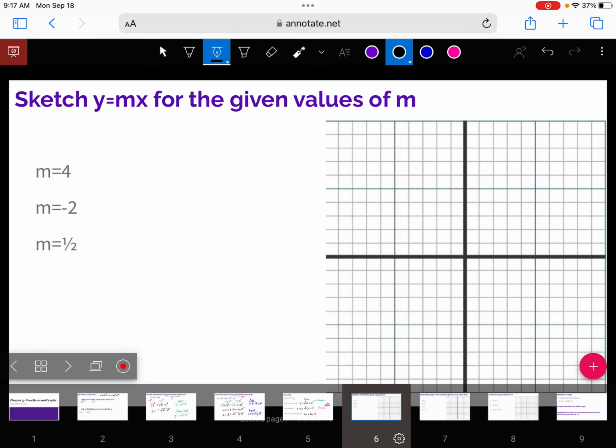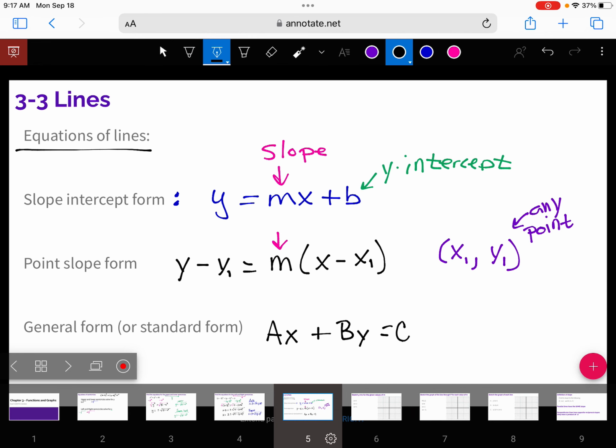We're not going to be super specific about it right now, but if you want graph paper, it's all for you.